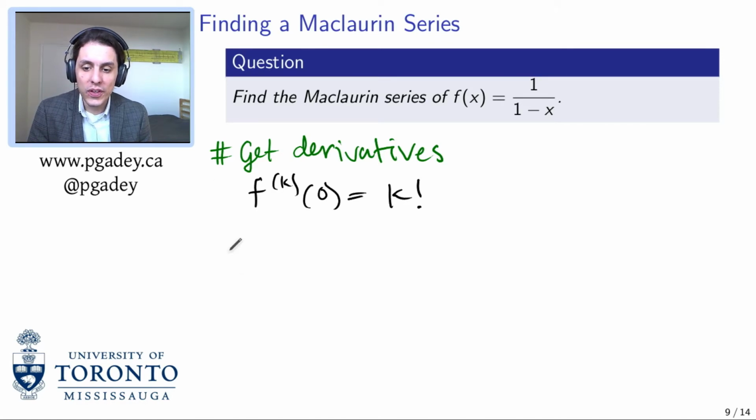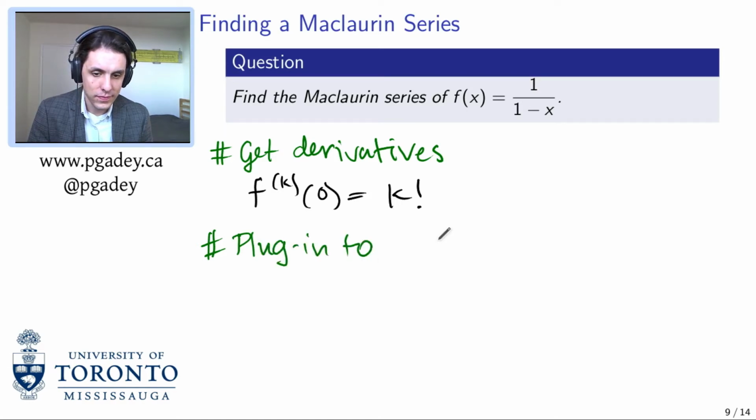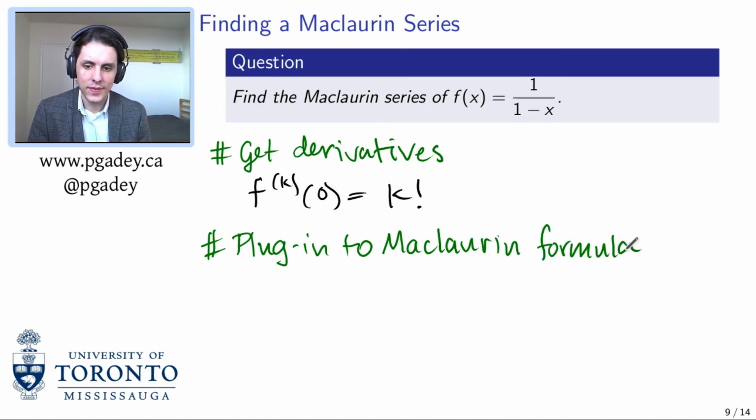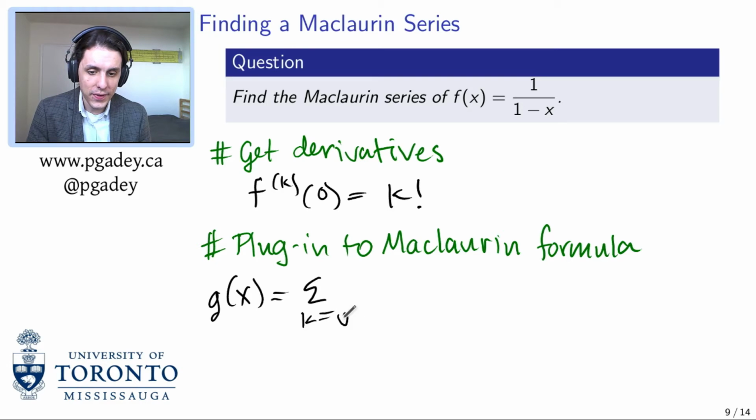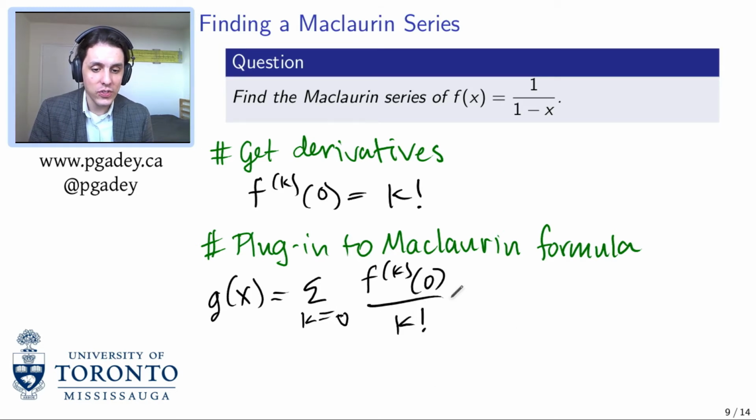And now we will plug this into the Maclaurin formula. So the Maclaurin formula says that we should get g of x is the sum of the kth derivative at 0 divided by k factorial times x to the k.